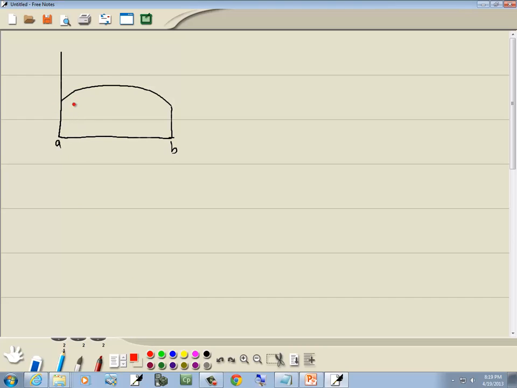Well, you could come up with rectangles where the right side of the rectangle is touching the graph.